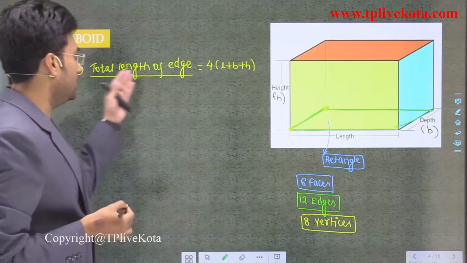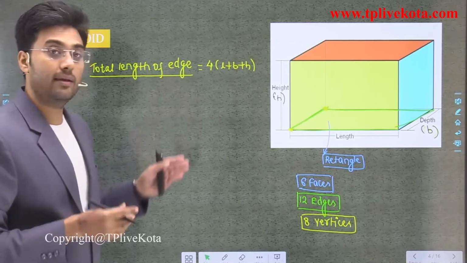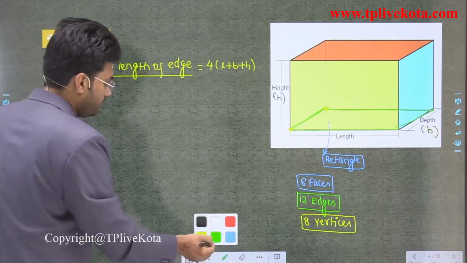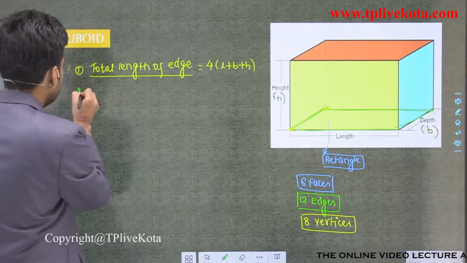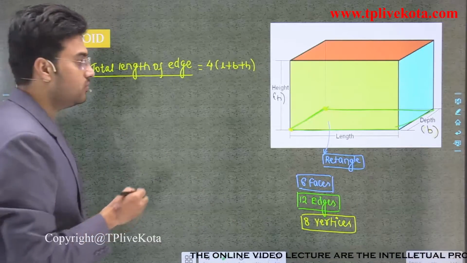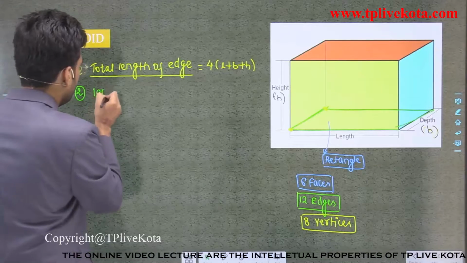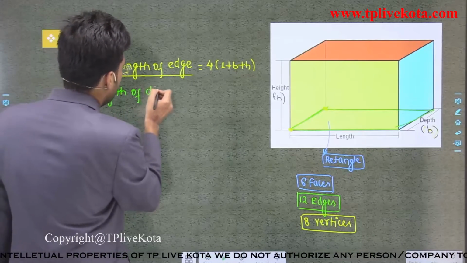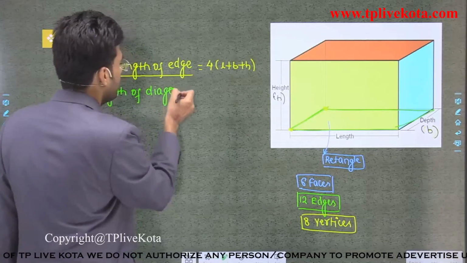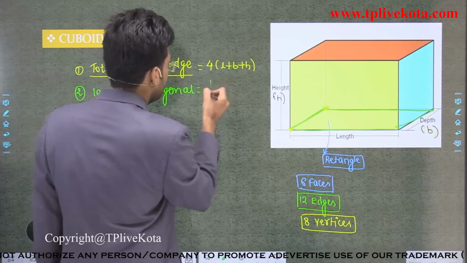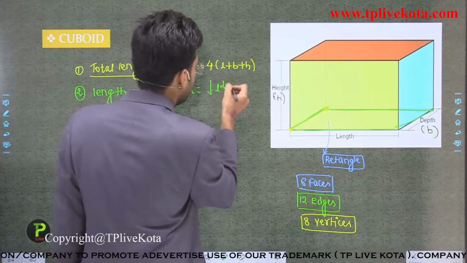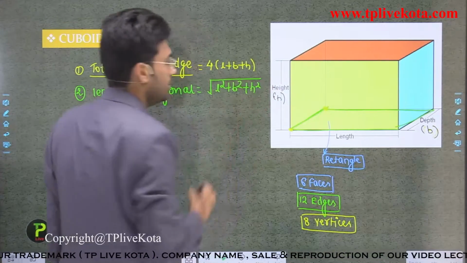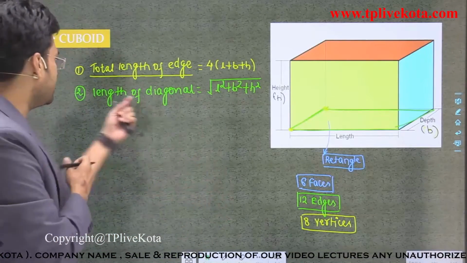So total length of edges is 4 times (L plus B plus H). Now the second is the length of diagonal. Length of diagonal is under root L square plus B square plus H square. Clear?